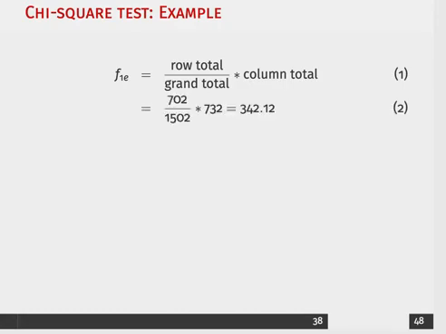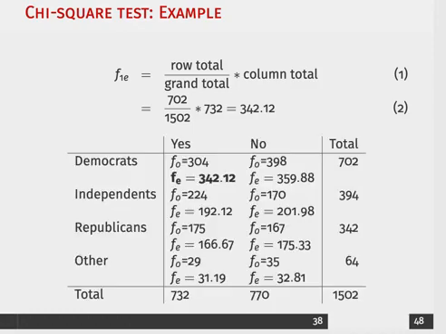So for that first cell, the expected count of Democrats that say yes is 342.12. So if we continue that for all the different cells in our table, we can have both the observed frequency as well as the expected, and then go ahead and calculate the sum of all of those squared deviations, right?